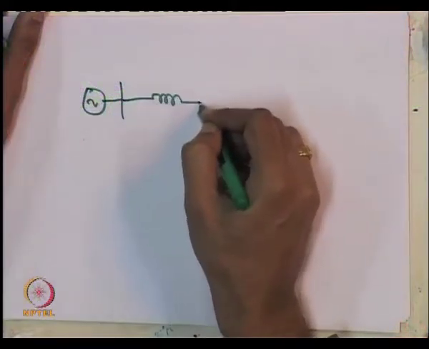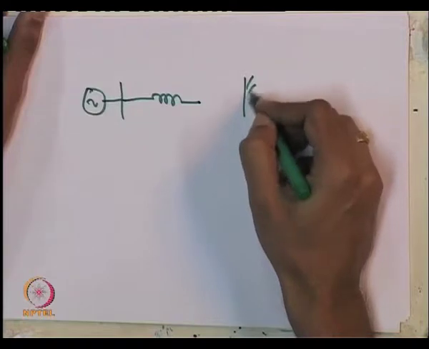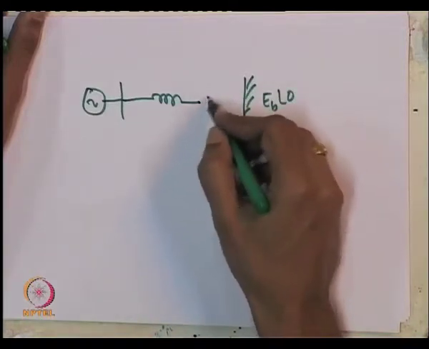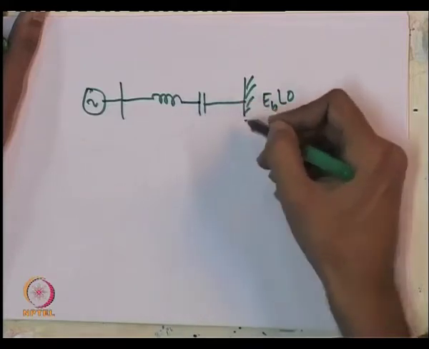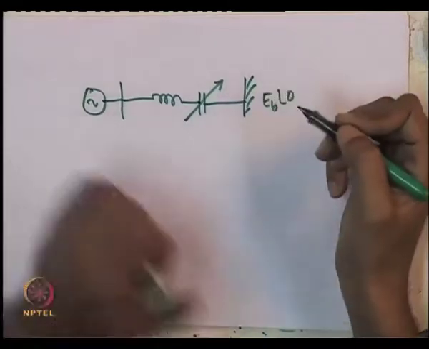So, let me give you an example of how you could have a power system stabilizer. Suppose you have a synchronous machine connected to an infinite bus. This is an infinite bus, Eb angle 0, and this is via a transmission line which has a controllable reactance.